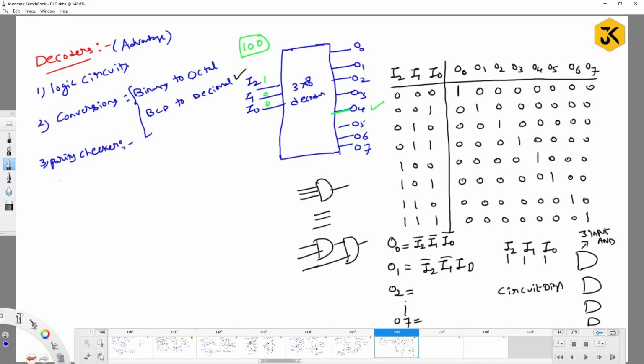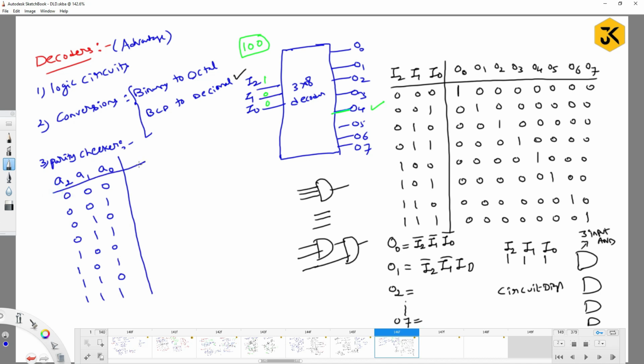For example, if I have the inputs A2, A1 and A0, all the cases are 000, 001, 010, 011, 100, 101, 110, 111. If I want to say whether this input is even parity, what should my output be?